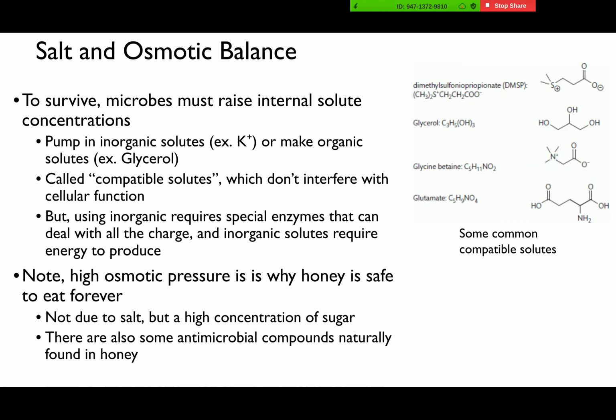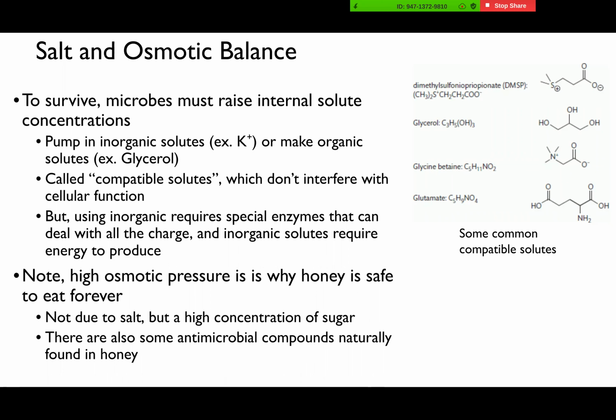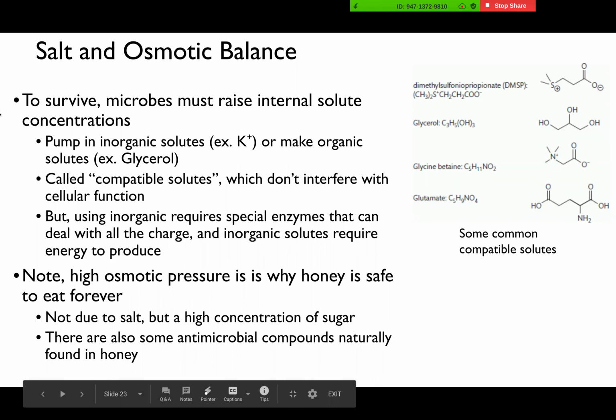Now, one of the interesting things about this is we can actually see this in real time. For those of you that ever bought honey, honey almost never goes bad. Honey has very, very high osmotic pressure, and it's not due to the salt, but to the high concentration of sugar.